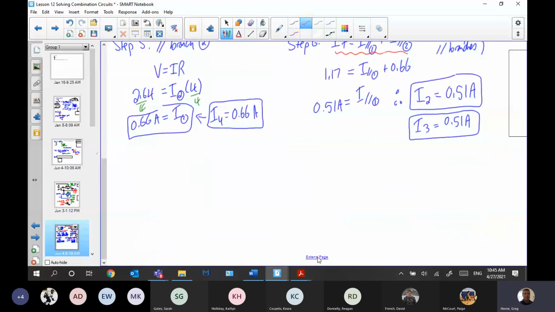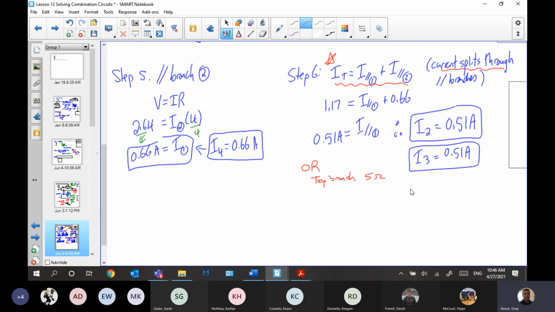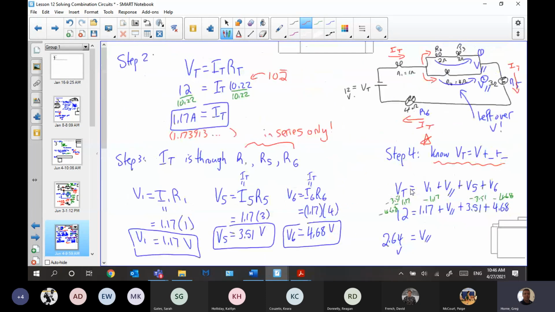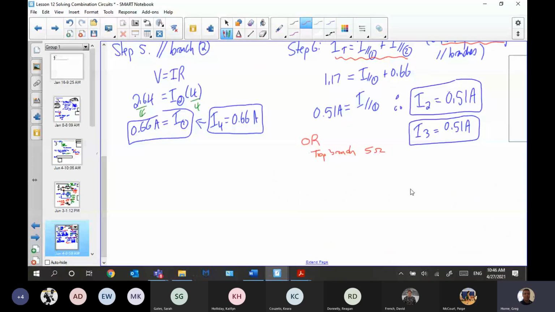But I totally could go this way, or I could say the top branch is 5 ohms, right? Let me just double check that. Top branch is a 2 and a 3, it's 5 ohms. And so we'd have V equals IR for that top branch.